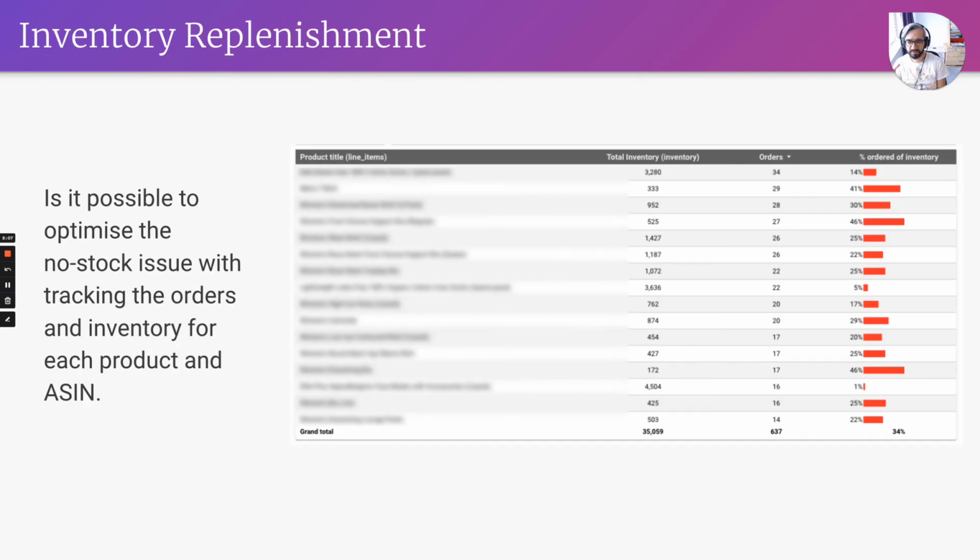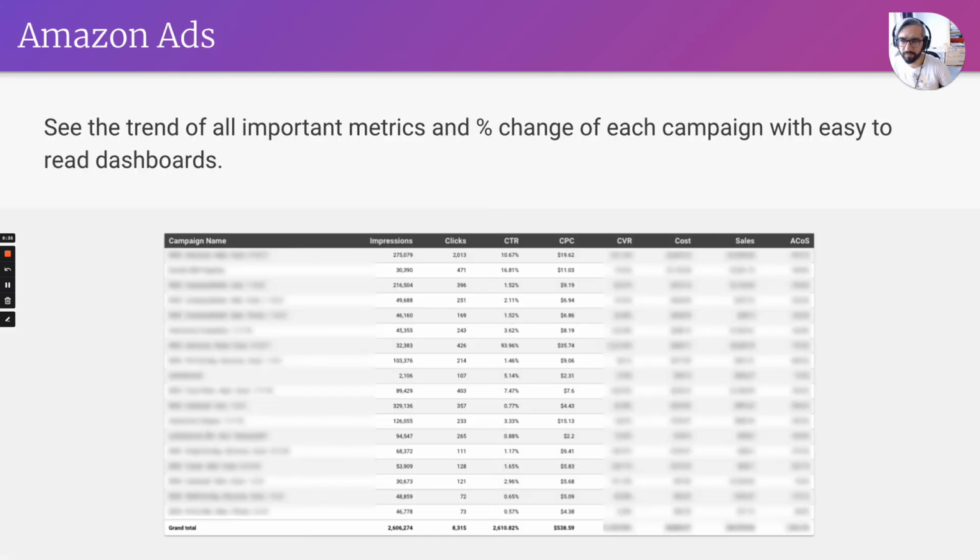So this is the inventory replenishment rate, and we are seeing the order rate per inventory, whether it is high or low. If it is high, then we reorder the products. But if there are no sales, then probably we may not sell that product and should get this product out of the scope.